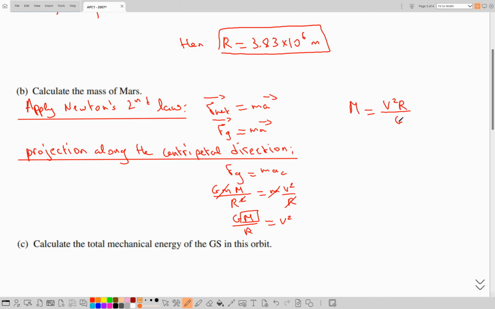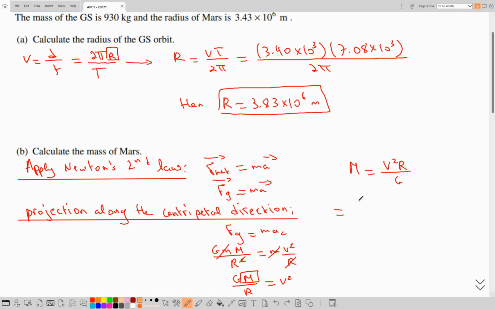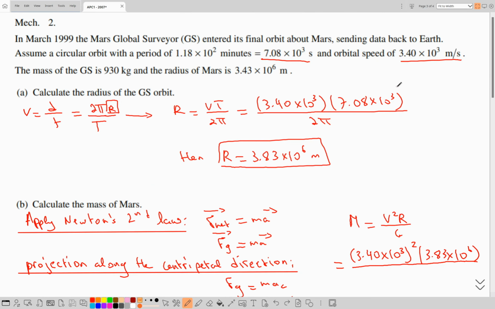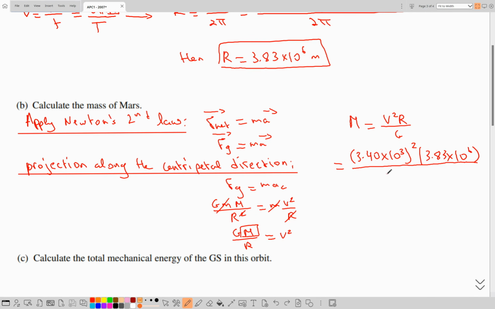which is equal to the speed, 3.40 times 10 to the power 3, to the power of 2. Now r is given by 3.83 times 10 to the power 6, divided by G, which is the gravitational constant or the coupling constant. Now G is not found in the exercise itself. It is found on the first paper of your exam, and it's given by 6.67 times 10 to the power minus 11.